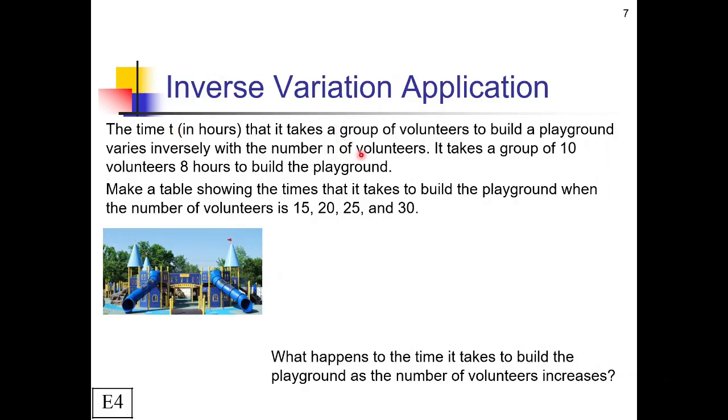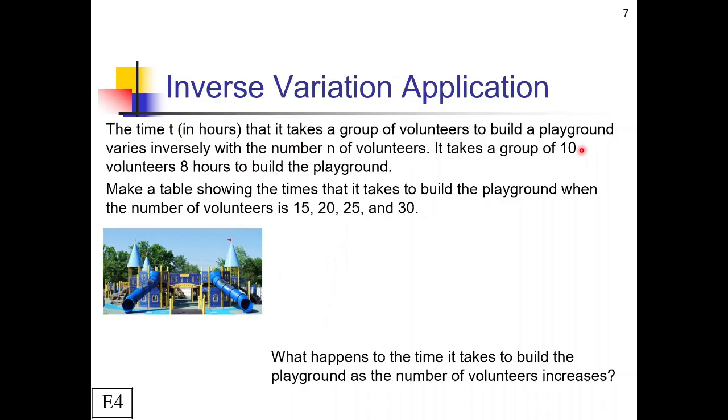So volunteers is the input, time is the output. Now they're telling us it takes a group of 10 volunteers 8 hours to build the playground. They want a table showing the times it takes to build our playground when we have 15, 20, 25, 30 volunteers, and they want to know what happens to the time it takes to build the playground as the number of volunteers increases.